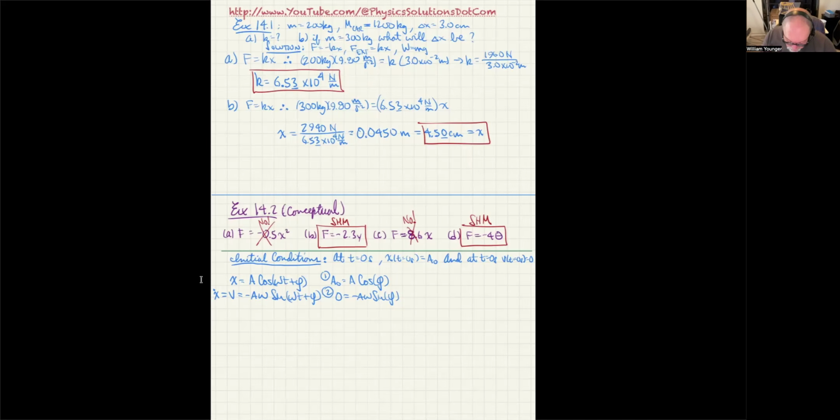I can actually use that, and what we see is we need sine of phi to be equal to 0. And if you remember the graph of sine, it starts at 0, reaches 1 at 90 degrees, or pi over 2, excuse me, and then reaches 0 again at pi, and then reaches negative 1 at 3 pi over 2, and then reaches 0 again at 2 pi.